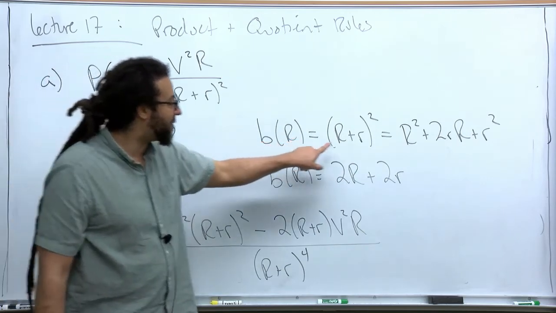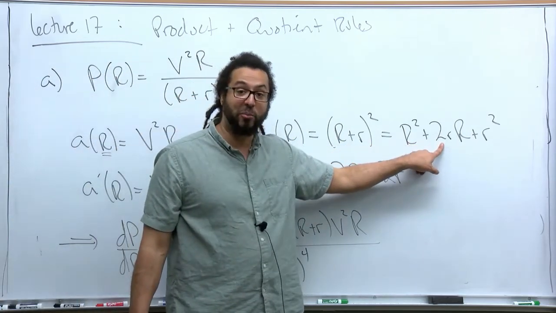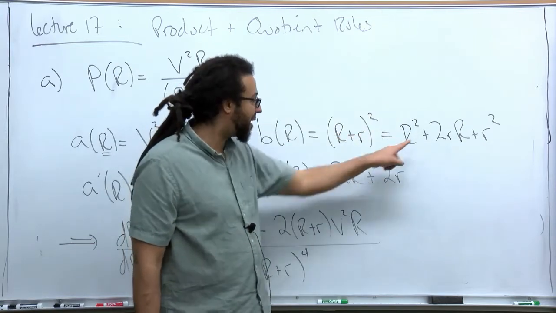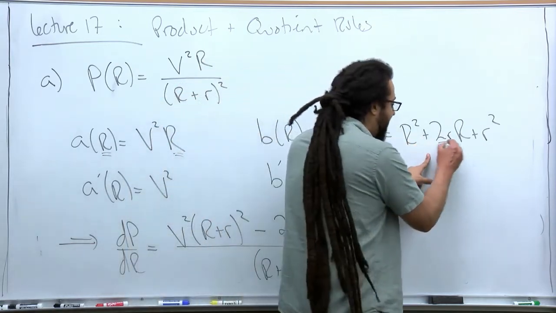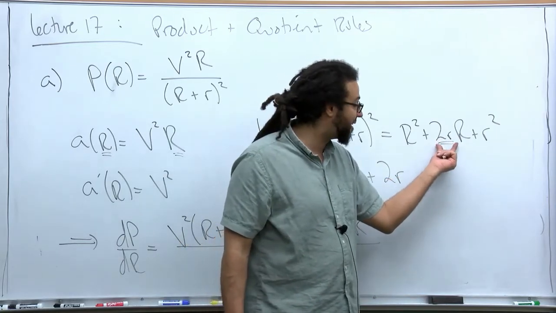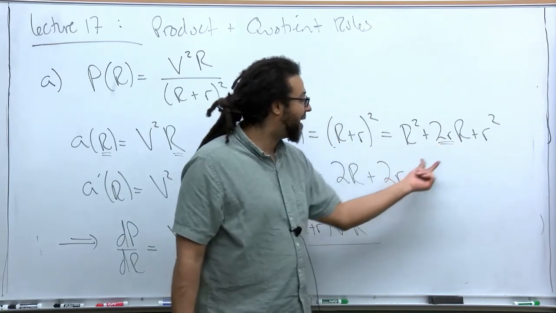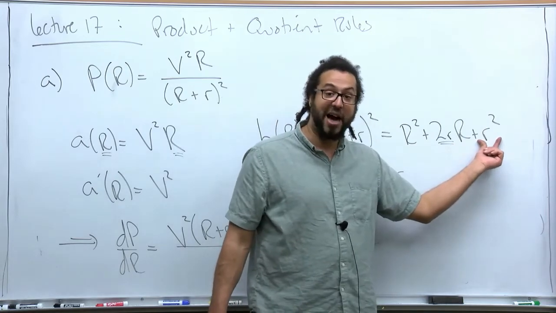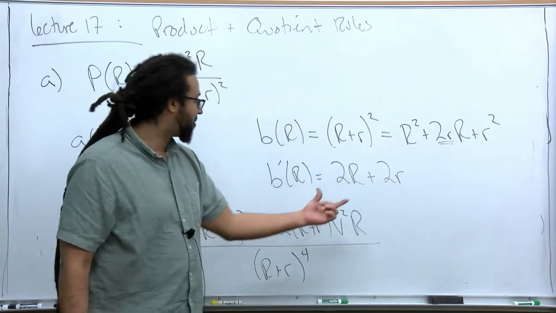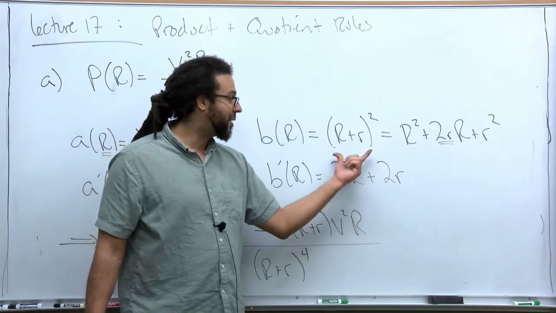And now the derivative of this thing with respect to big R, again, use the power rule. So that's 2 times big R, and then the number in front of the big R, so this is the linear part, so we take 2 times little r, and then little r is a constant, and so the derivative of little r squared is just 0. So here is the derivative of b of r.